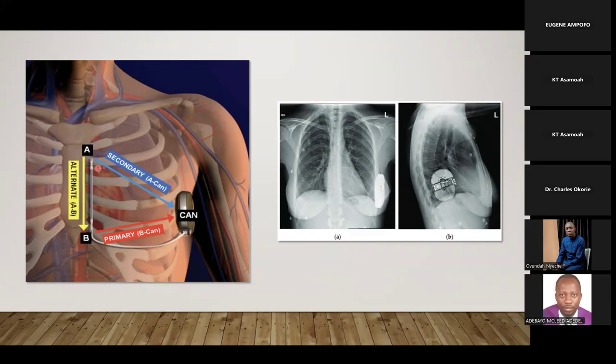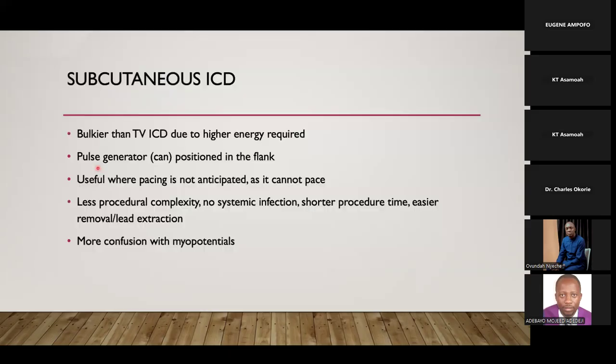So this one needs much more energy, for which reason it has a larger capacitor and therefore a larger generator. As I've said, it's bulkier than the transvenous ICD due to the higher energy required.